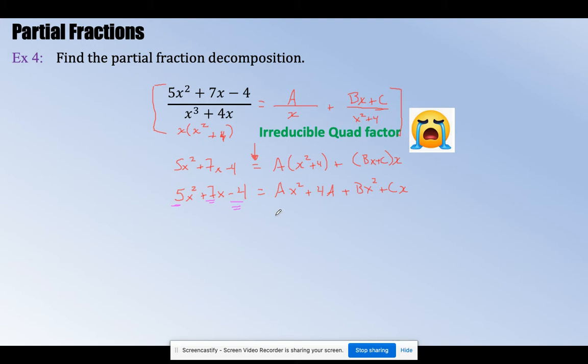So let's go over here and group our x squareds, group our linears, and group our terms that have nothing with them. Factor an x squared out of this. And now use equality.